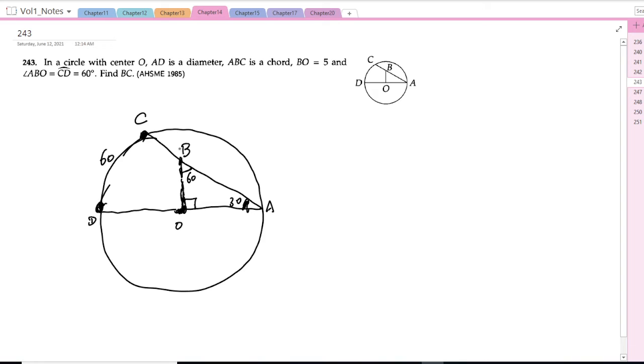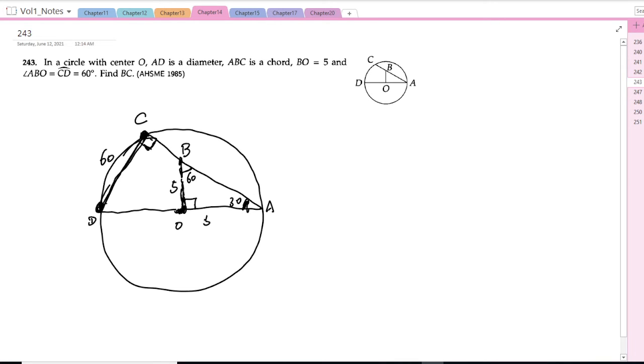Okay, so now we want to find the BC, right? Because it's the diameter, if we connect CD, we know here is 90 degrees, right? So now we have constructed this, we know this is 5, so this is a 30-60-90 triangle, right?